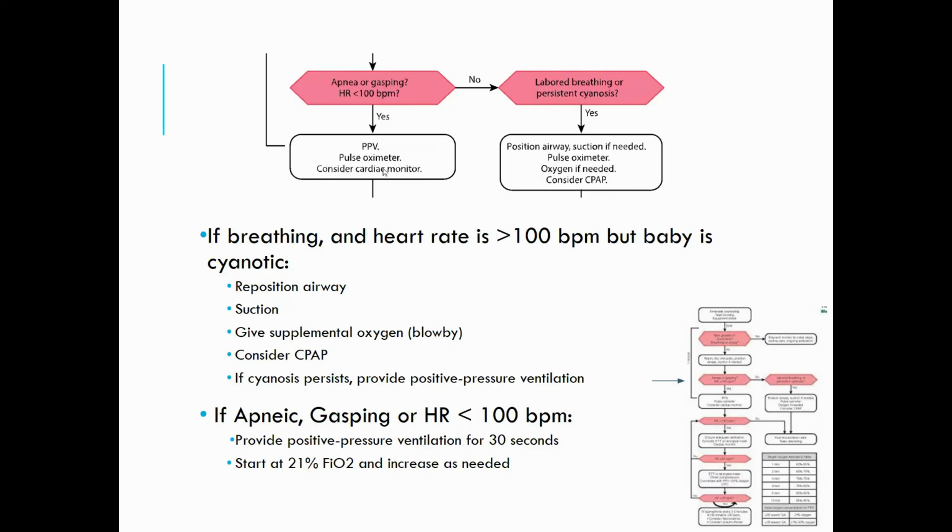You want to consider giving them PPE, put them on a pulse ox and a cardiac monitor. At this time, you should also have somebody setting up for intubation, getting all of your supplies ready just in case. If they just have a little bit of labored breathing and their heart rate is more than 100, you can just provide a little bit of suction, do some blow-by oxygen as needed, or give them a little bit of CPAP, which we'll talk about in a second.